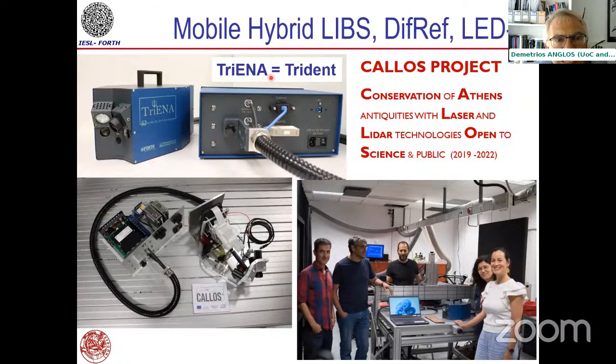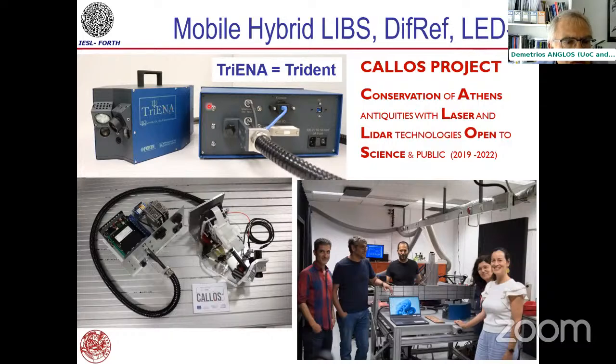We call it Triaina in Greek, trident in English, if you like, in a single probe head and a control unit. So the techniques combined include LIBS, absorbance or diffuse reflectance, if you like, and fluorescence emitted following excitation with a LED source.